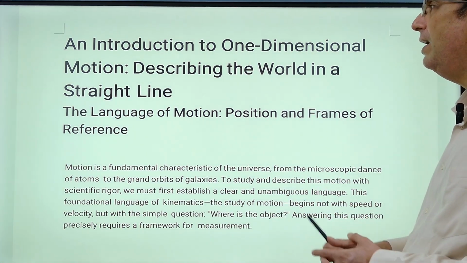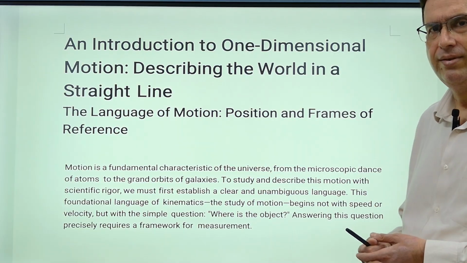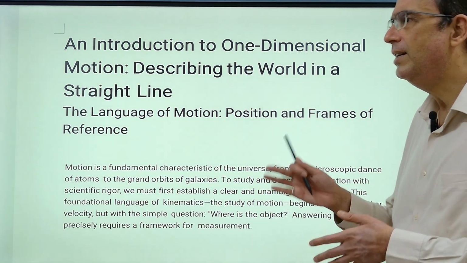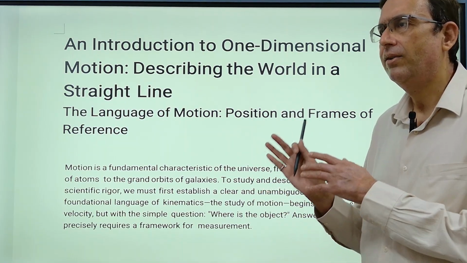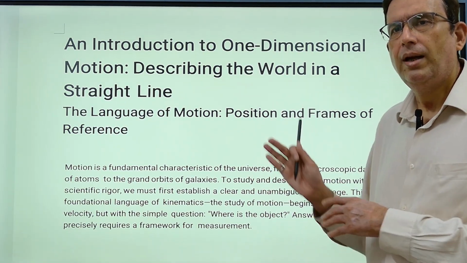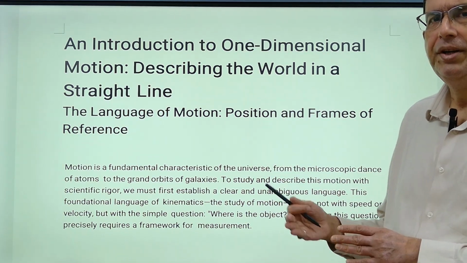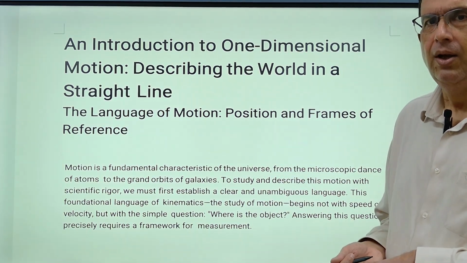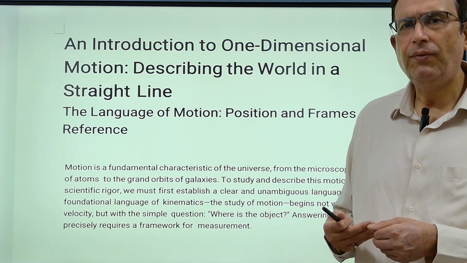To understand the position, we require the understanding of a frame of reference. That is, what is the coordinate frame of reference? What is the basic reference mode, according to which we are defining certain physical quantities like position and velocity? You know that every observer has got their own frame of reference.